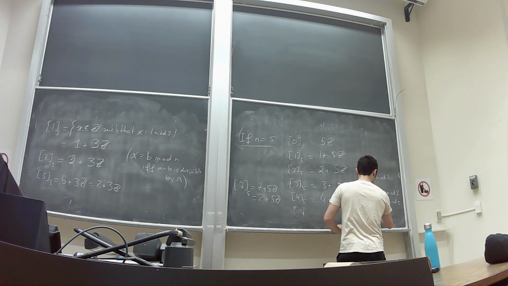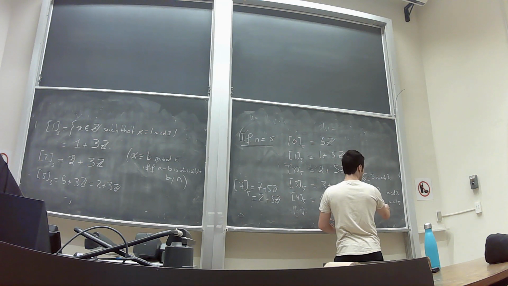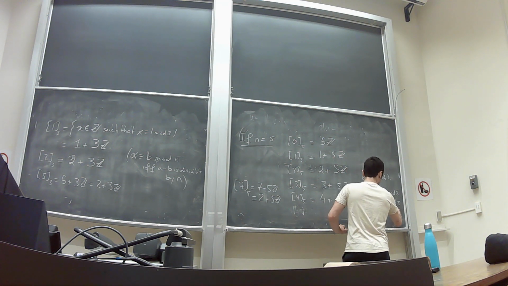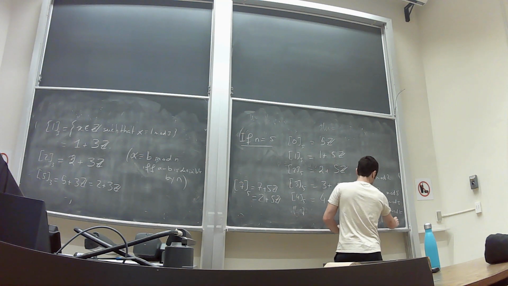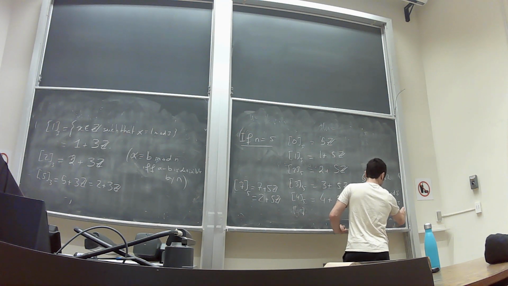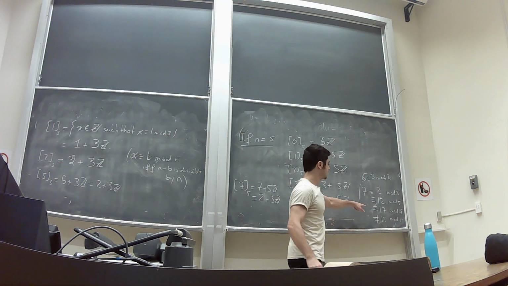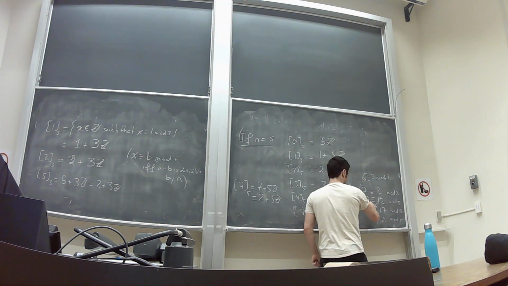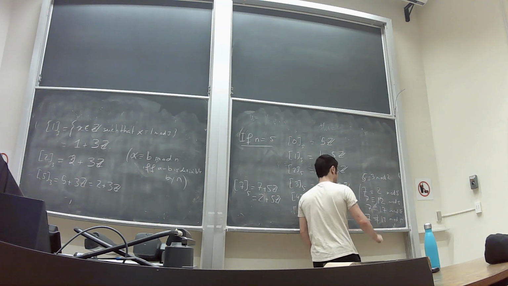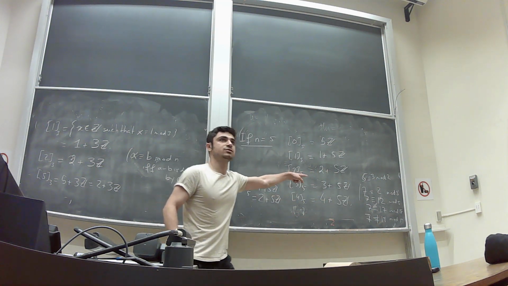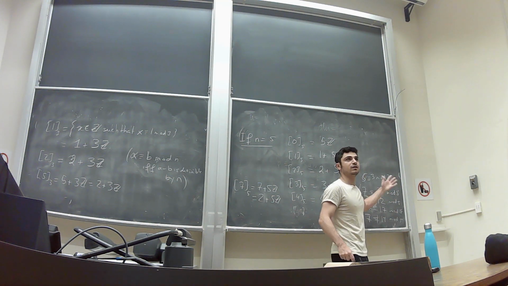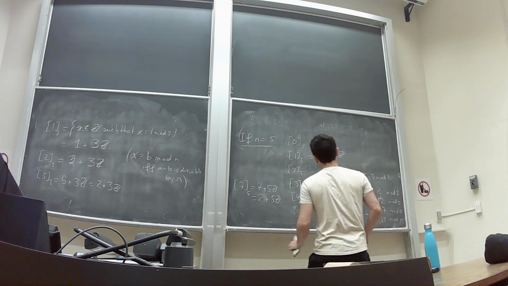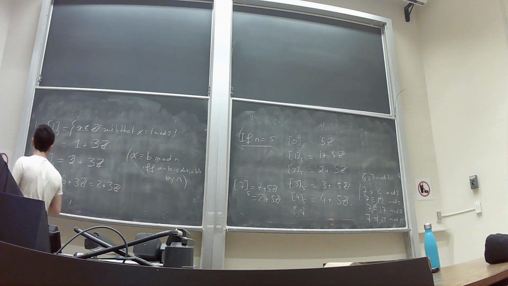Is it congruent to 17? Is it congruent to 19? So you take 7 minus 12, the difference of the two. If it's divisible by 5, then it's congruent mod 5. Great.